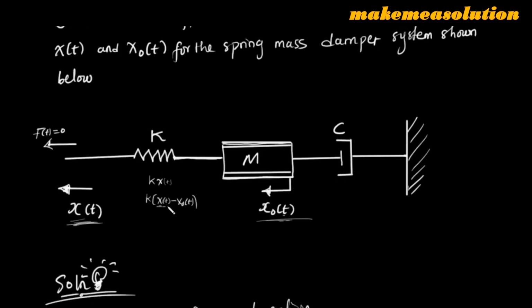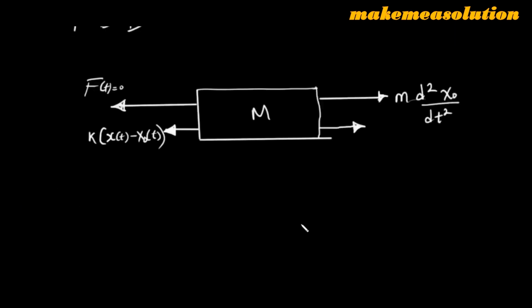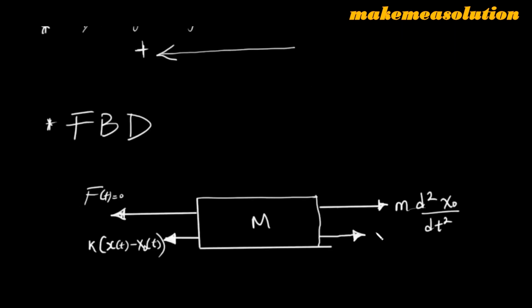It's not going to be x minus x naught, because this x actually comes in at this position. So only this spring will evaluate the difference between this and this, but the damper is going to take from this and the mass is going to take from this too. So the damping force is proportional to the velocity, and this is the damping constant c times dx naught by dt. So the velocity is going to be expressed in terms of x naught.